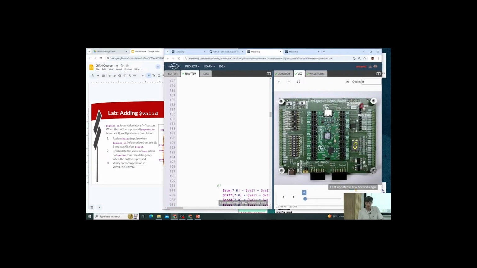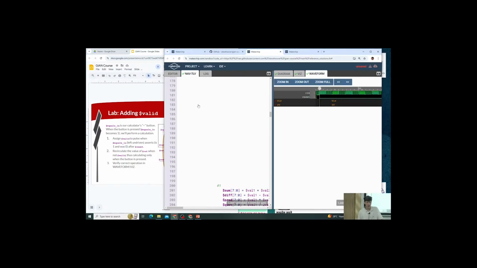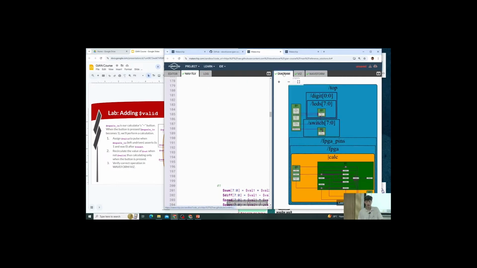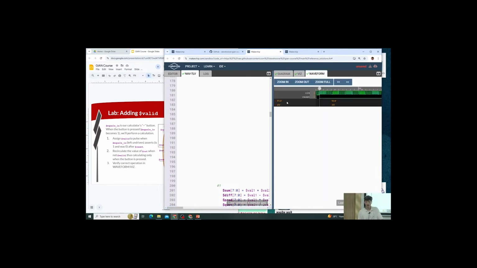You can see the behavior in the visualization to help understand what the lab was trying to get you to do, and use the waveform. What I would encourage you to do is not lean on the code, but instead, if there's something you don't understand about a lab, lean on the diagram, lean on the waveform to understand what the lab was asking you to do, right?